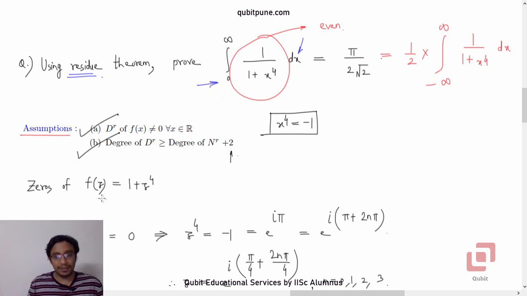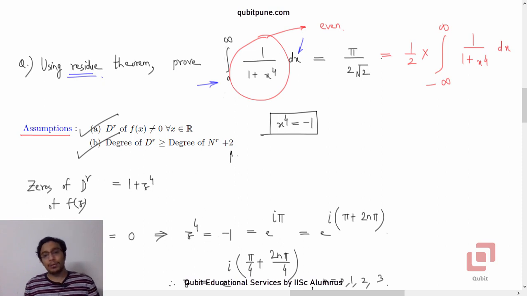Let's now calculate the zeros of the denominator of f of z, which is 1 plus z to the power 4.